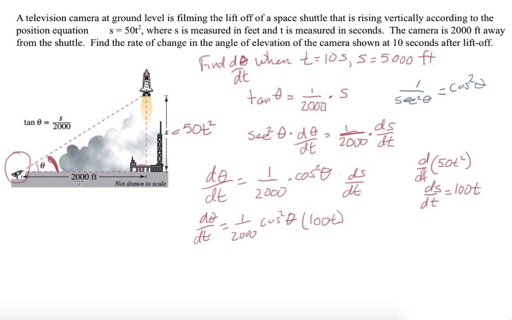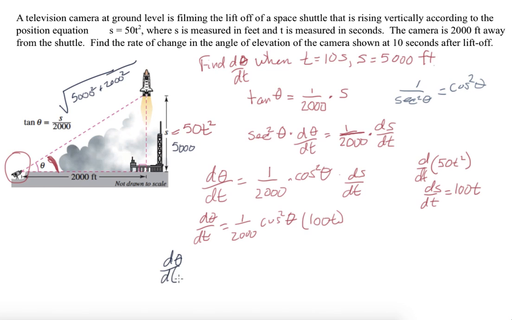Now we need to figure out, what is cosine squared theta? Cosine is my adjacent over my hypotenuse, and if this is 2,000 and at t equals 10 seconds this is 5,000, my hypotenuse would be given by the square root of 5,000 squared plus 2,000 squared. To find d theta dt, I can plug these values in now.